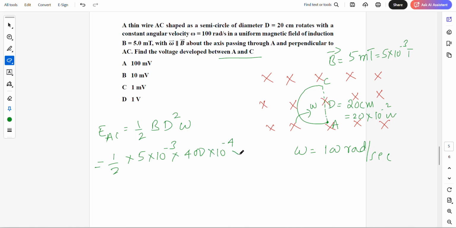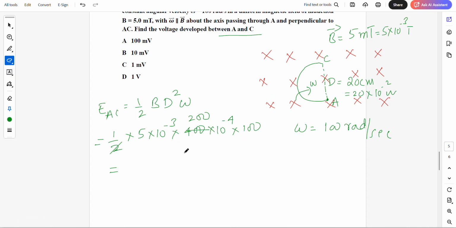Into omega, how much? Omega is 100 into 100. So I can divide by 2, 200. Again 200 into 5 is 1000. 1000 into 10 to the power of minus 3 into 10 to the minus 4 into 100.